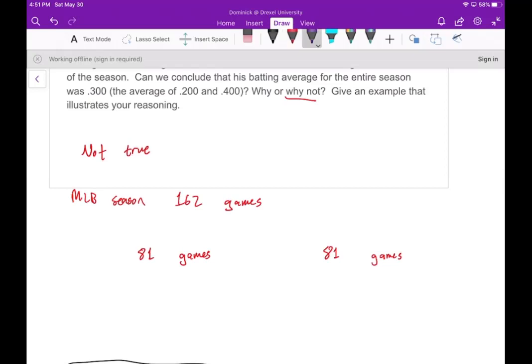Now, it's possible that in the first 81 games, let's say, to make it a nice clean number, there was only 100 at-bats. And of course, in order to make this true, we need to get 20 hits. And that gets us a .200 average.